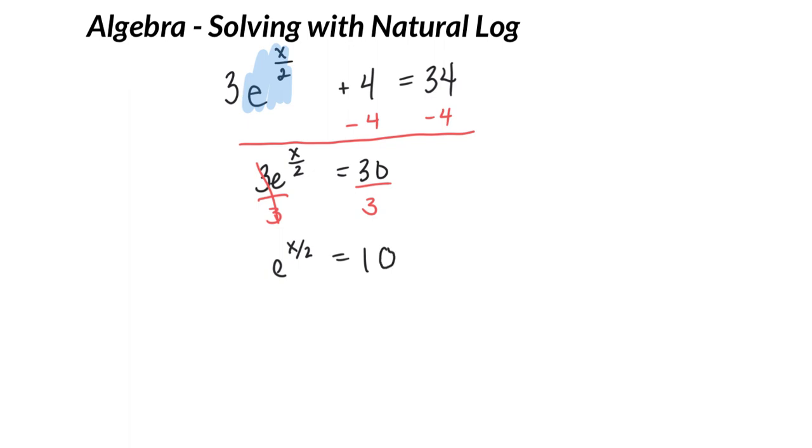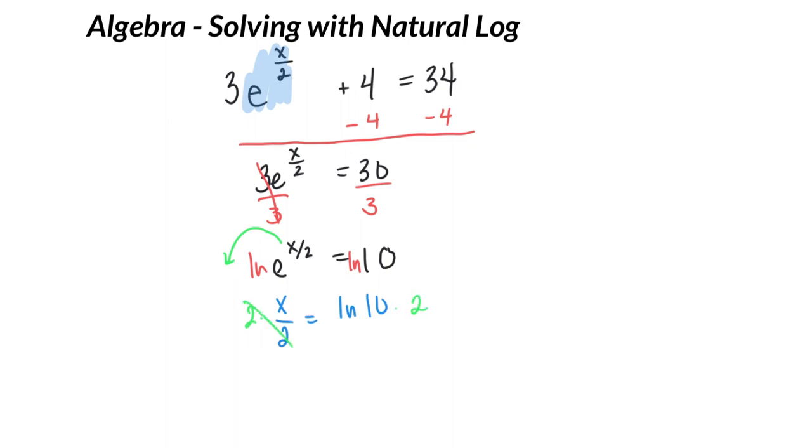Now, I want to get rid of e, and the way to do that is natural log. So natural log of both sides. Again, it takes my x over 2 and plops it out front as a multiplier. The natural log of e is just 1. And I want to get x equals, so I will multiply both sides by 2.